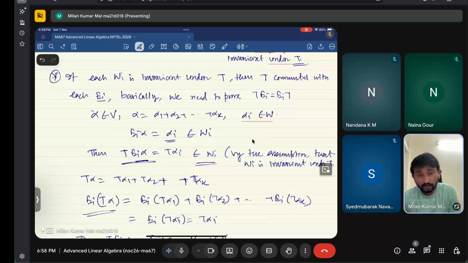But here, if each Wi is invariant under T, then T should commute with each Ei.